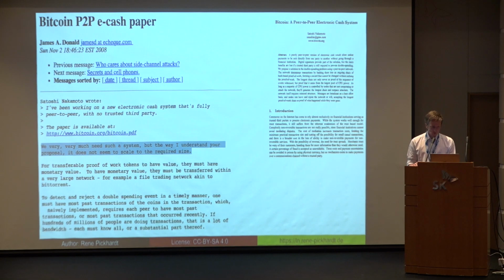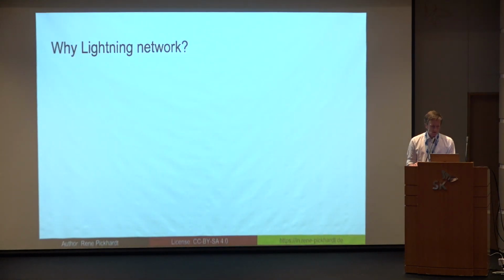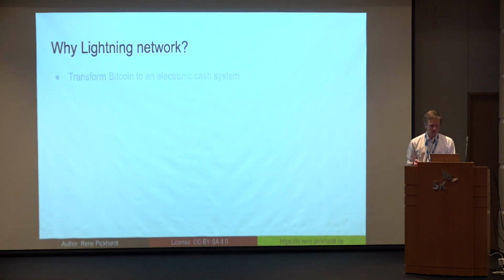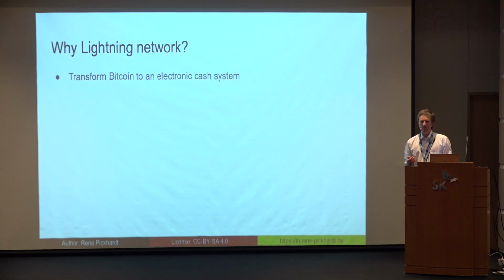All right, so what is the Lightning Network? It is an attempt to turn the Bitcoin system into an electronic cash system. Normally Bitcoin cannot be used for microtransactions, cannot deal with the volumes of transactions that we would like it to be used for. So we need something else.